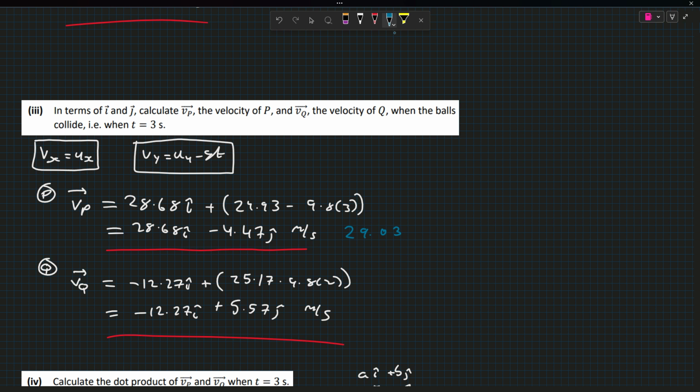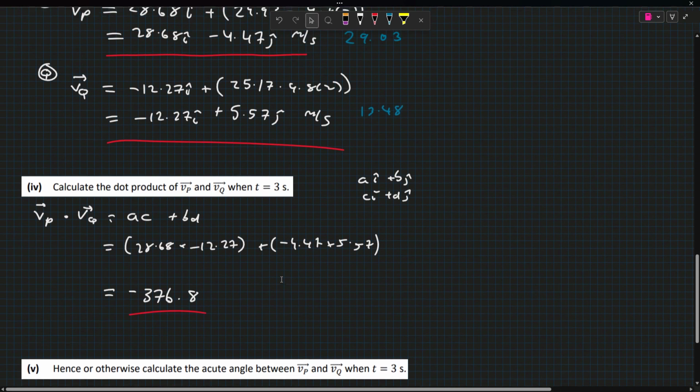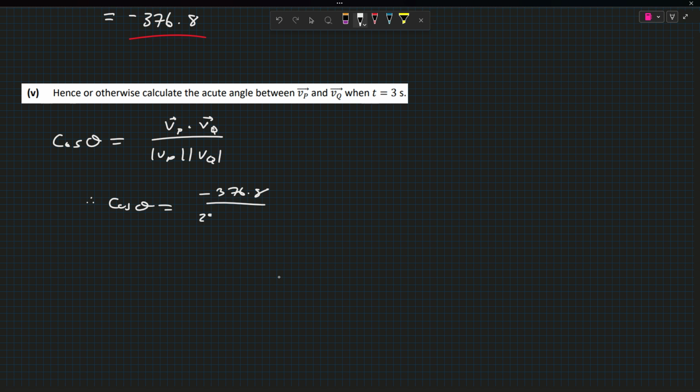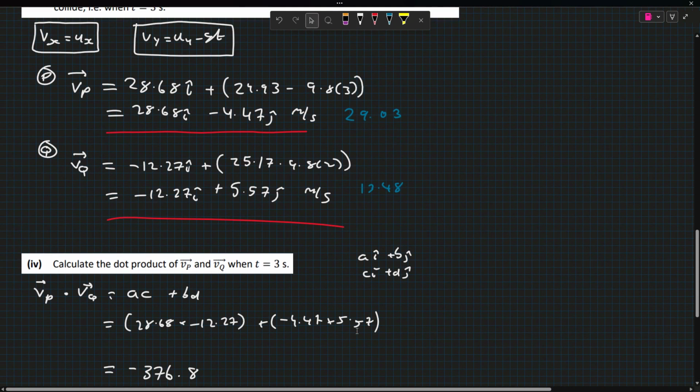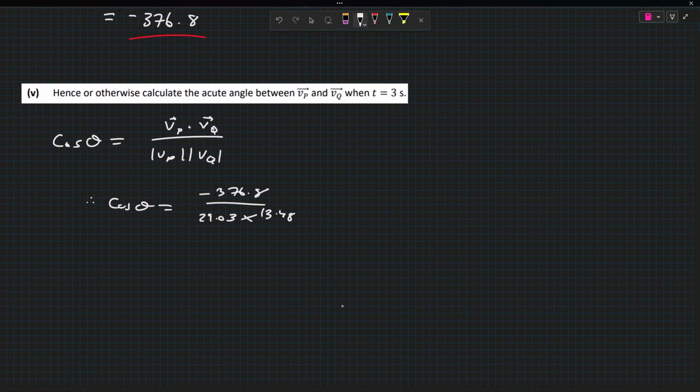And then the next one is 13.48. So cos theta is minus 376.8 over 29.03 times 13.48. So this is peculiar. We have cos theta as minus 0.96.